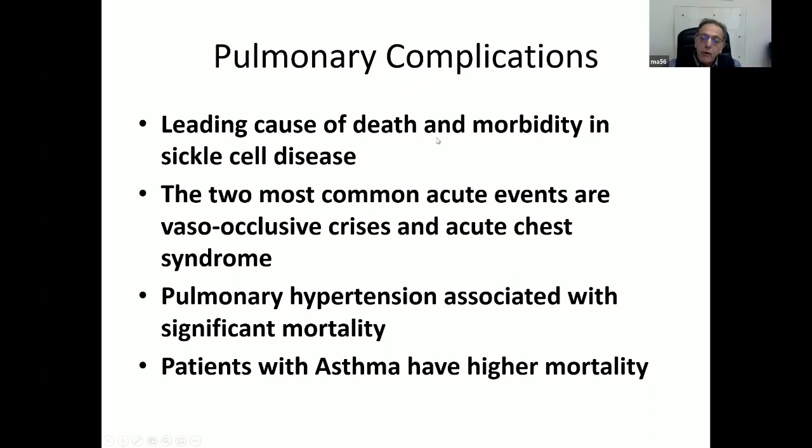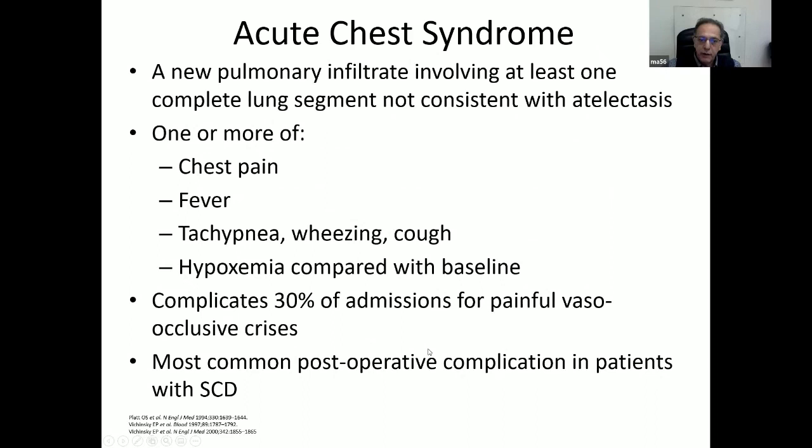Now, I'm going to just illustrate a couple of other things. Pulmonary complications are the leading cause of death. The two most common acute events are vaso-occlusive crisis and acute chest syndrome. And I want to just mention that patients with asthma have a higher mortality than other patients with sickle cell disease.